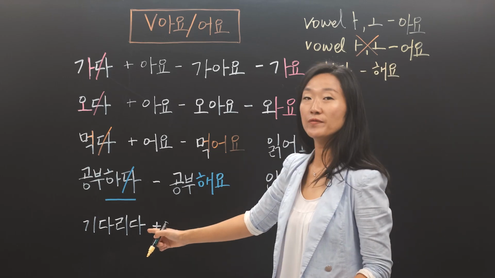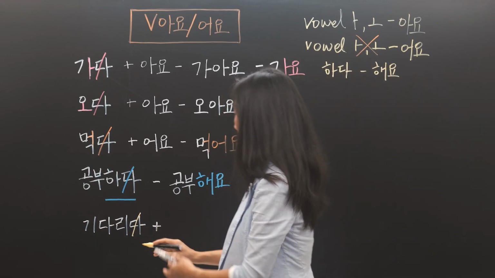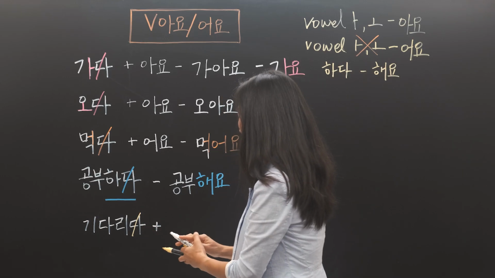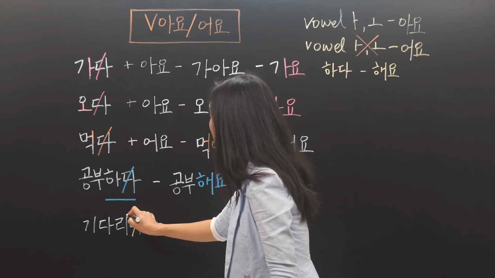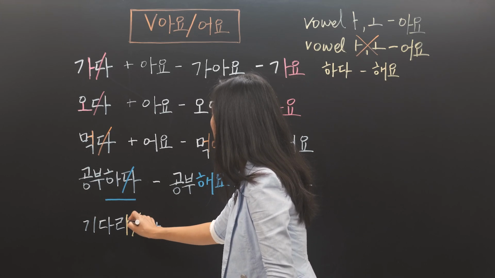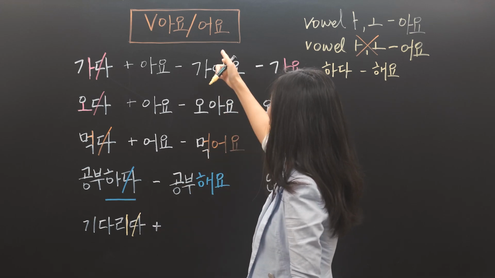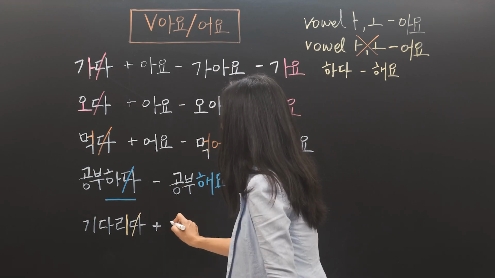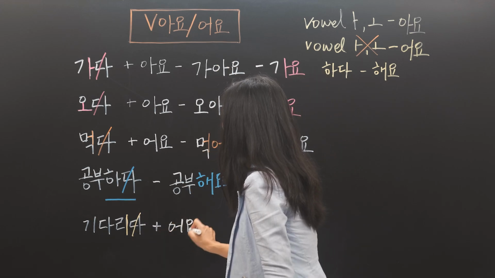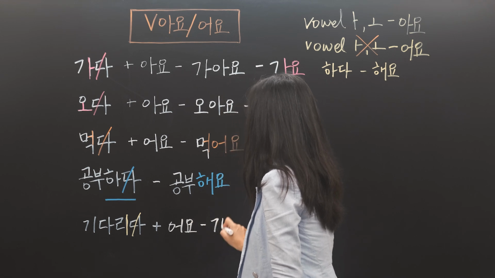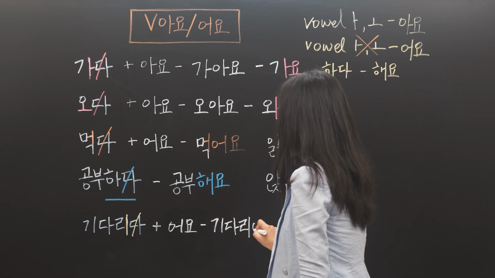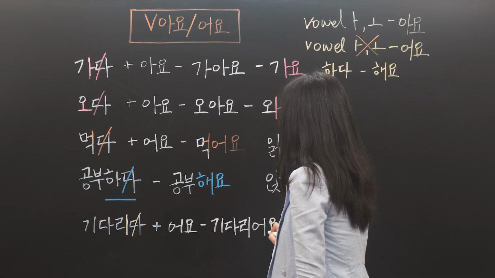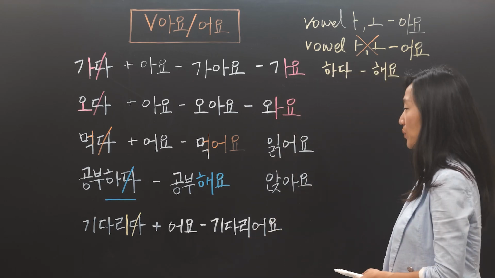We have to remove 다 and the last vowel is 이. Then we have to add 어요. 기다리어요.